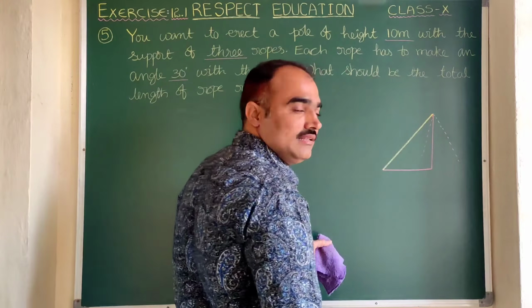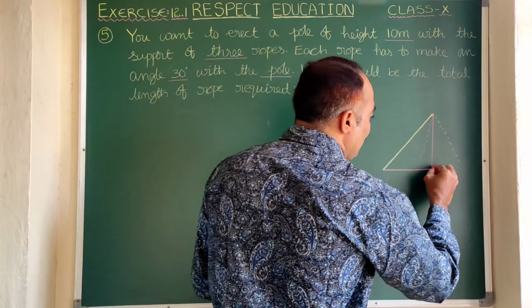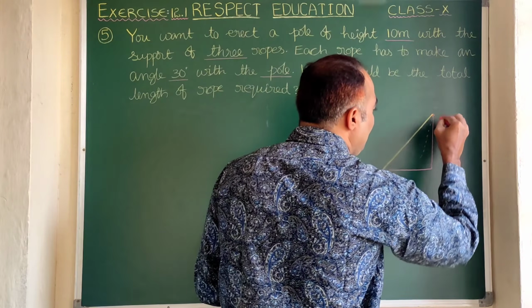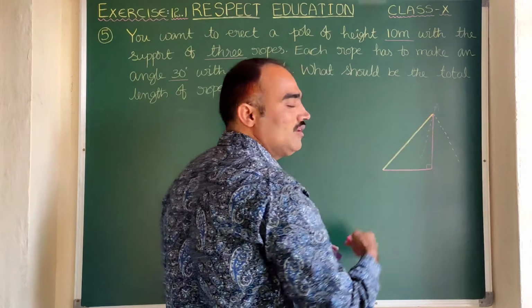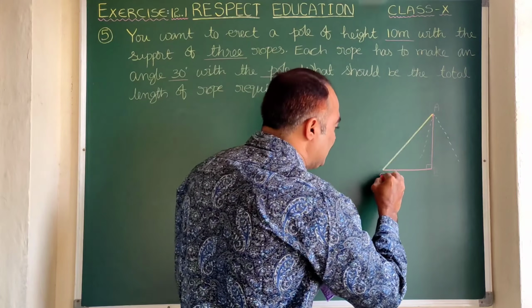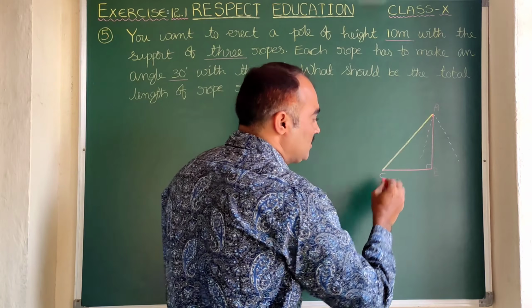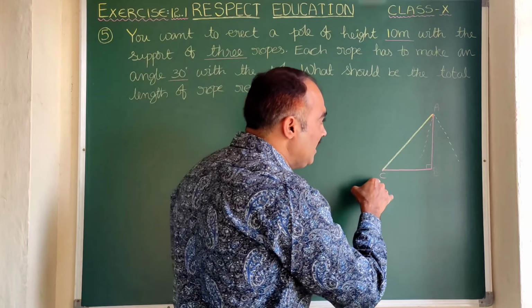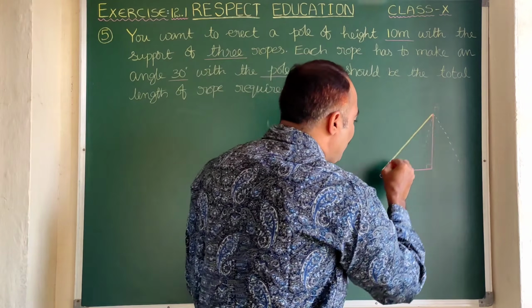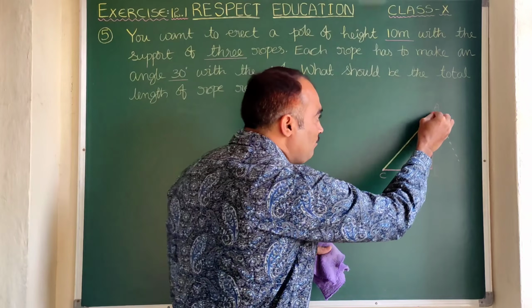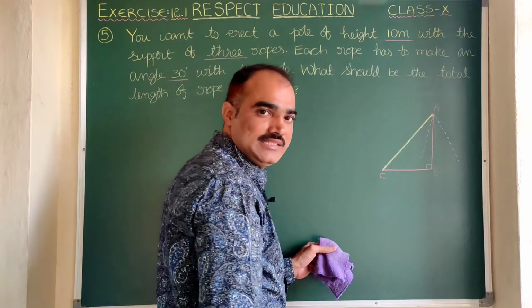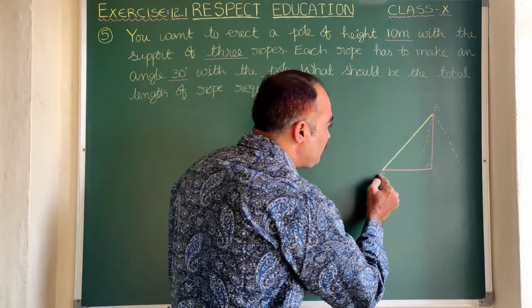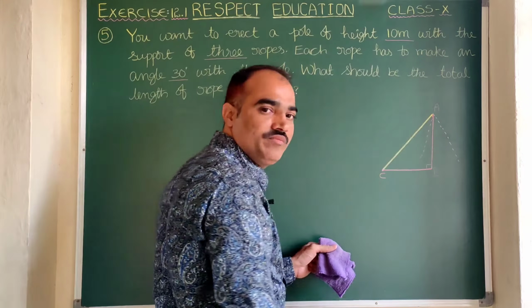like this. That means here, for example, let AB be the pole where angle B equals 90 degrees, because the pole is always perpendicular to the earth, and BC is the earth. For example, C is the fixing point of the first rope.